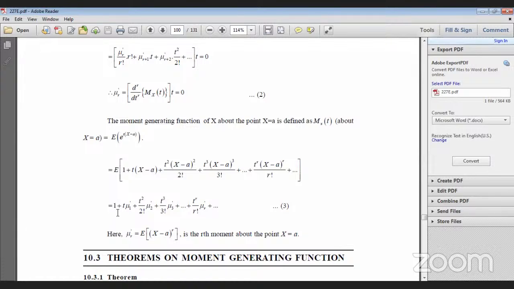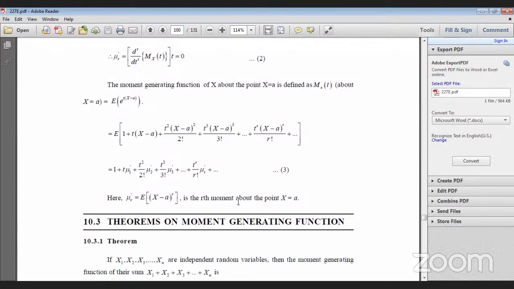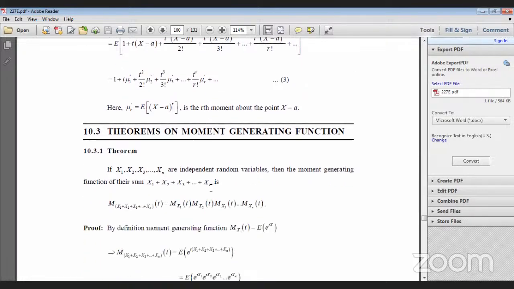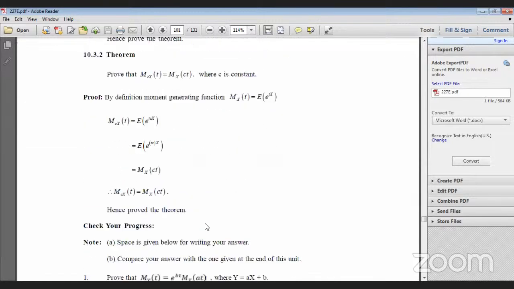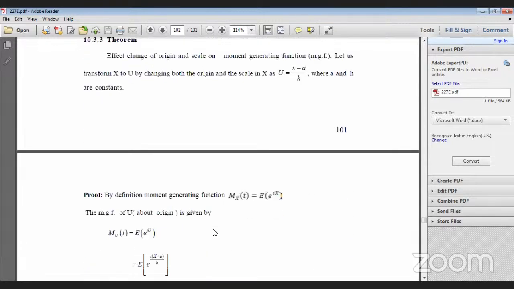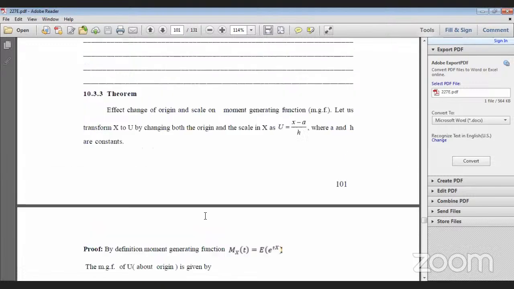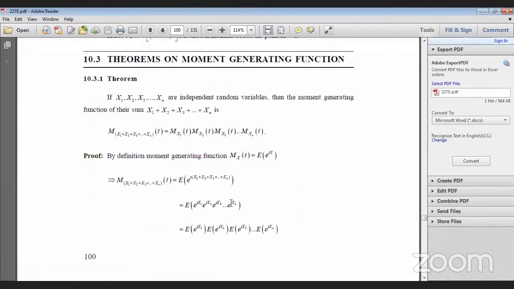So we get 1 + t mu_1 dash + t^2 by 2 factorial mu_2 dash + mu_3 dash, and t^r by r factorial mu_r dash. So mu_r dash equal to E(x-a)^r is the rth moment of X about x = a. Clear? Any doubts, ask me.